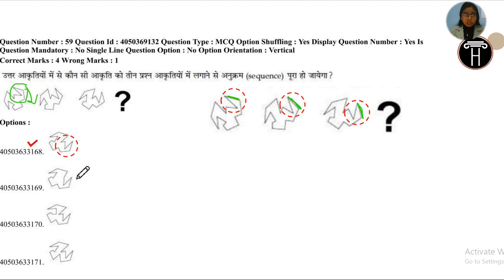Now we will look at the four options. First we will just eliminate the options, like this shape is not matching with the above given three shapes, so this is out.